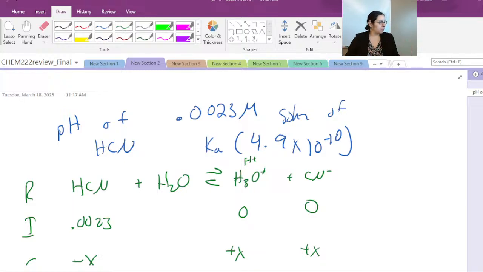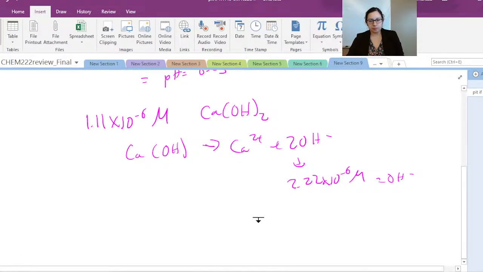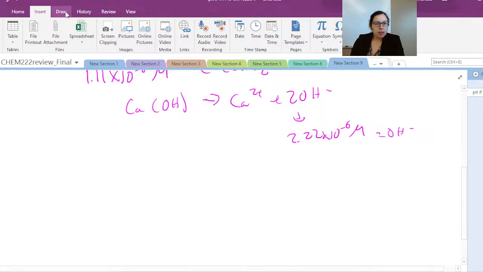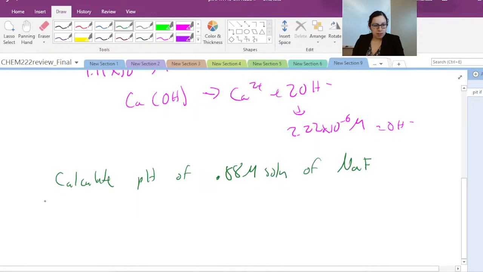I'll change it up a slight bit. So now let's calculate our pH of a 0.88 molar solution of sodium chloride, given that our Kb of fluoride is 1.48 times 10 to the negative 11.